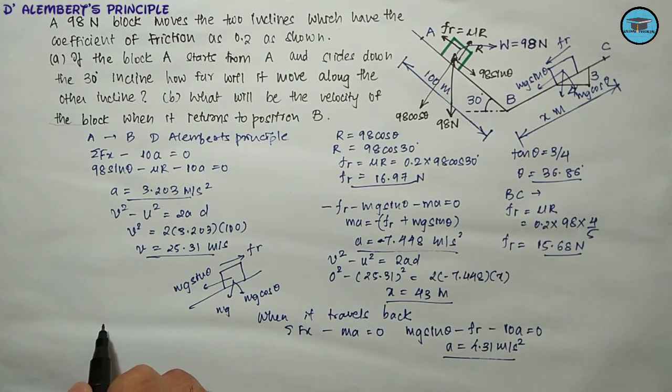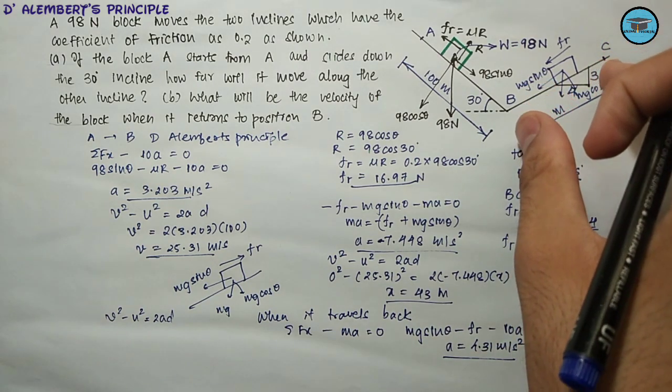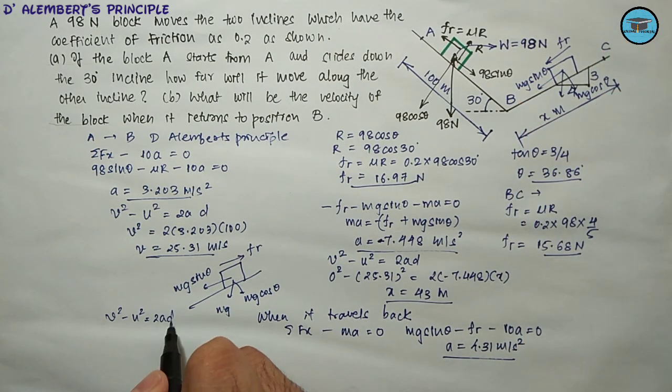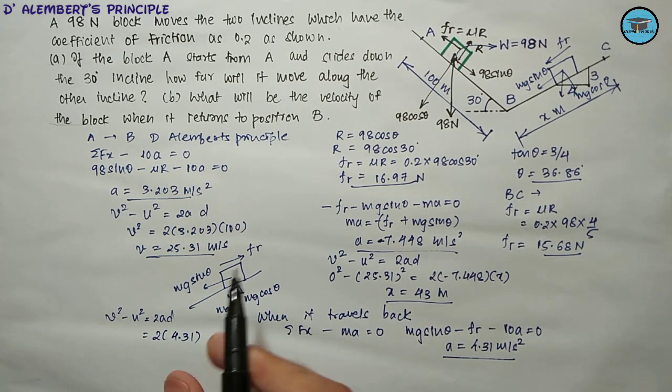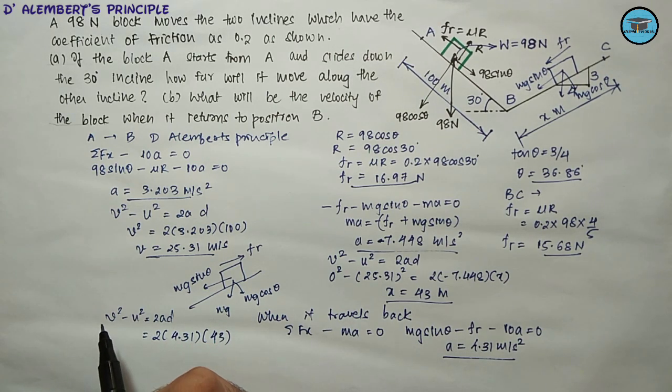Now we are again applying this law, that is v square minus u square equals 2ad. We know that the distance the block will travel is 43 meter, the acceleration is 4.31, and the distance is 43. The initial velocity, that is the velocity at the point C, will be 0 only, so 0 square, and the final velocity is what we need to determine.